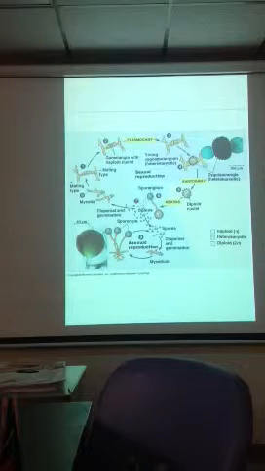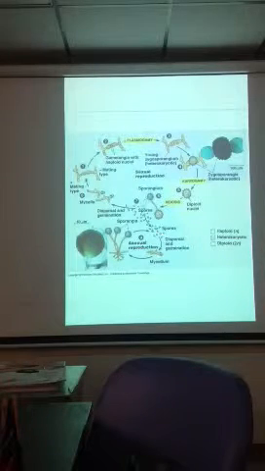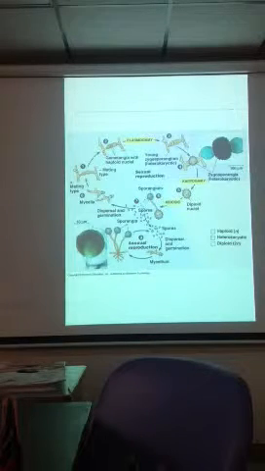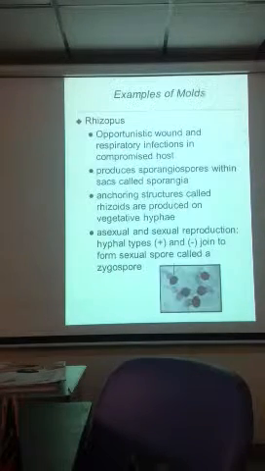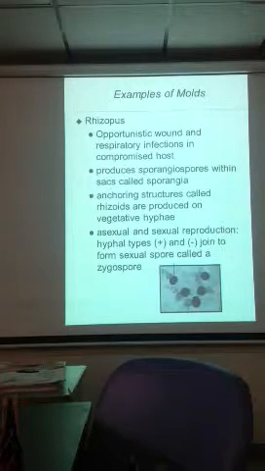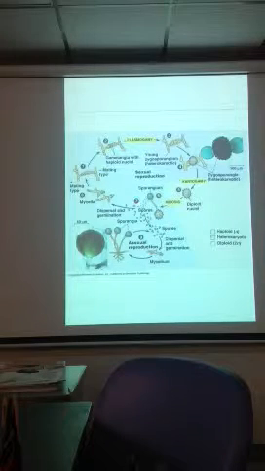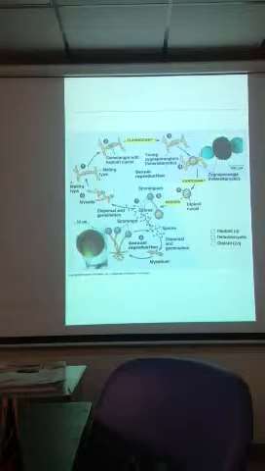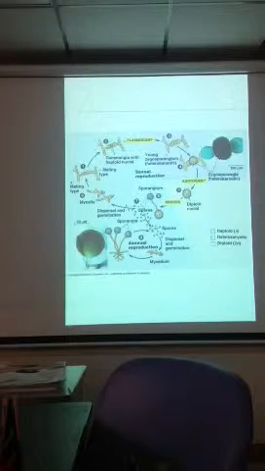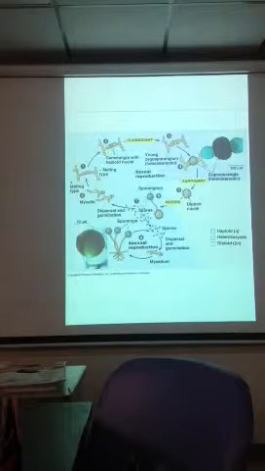Now, what happens is that the sporangia break open, and the spores start to germinate to form the mycelia. Okay, so besides this asexual form of reproduction, there's also a sexual mode of reproduction.